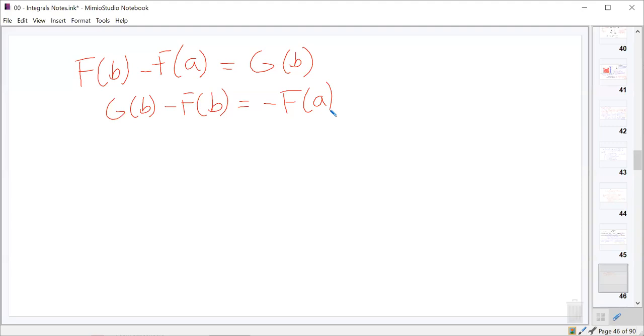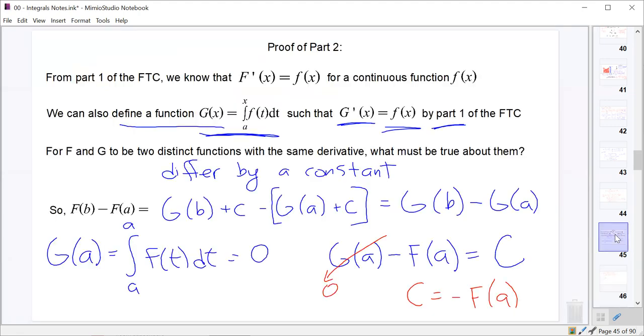Well, so then we need to go back and think, what is capital G of b? Well, capital G of b, we go back to our original assumption here. Capital G of x was the integral from a to x of little f of t.